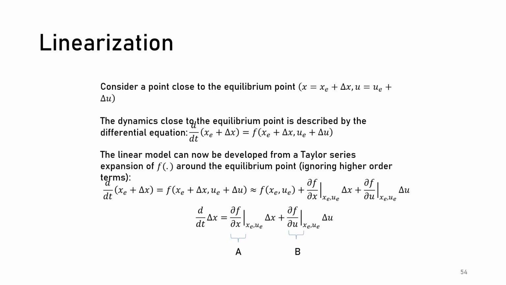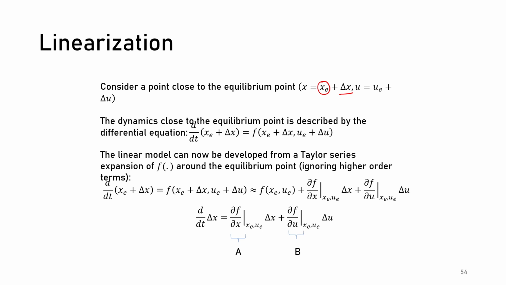So first, from the equation h dot equal to f of h, u. Then we want to linearize around h equilibrium, so we define h as h equilibrium plus delta h. So any h can be rewritten as h equilibrium plus delta h, right?